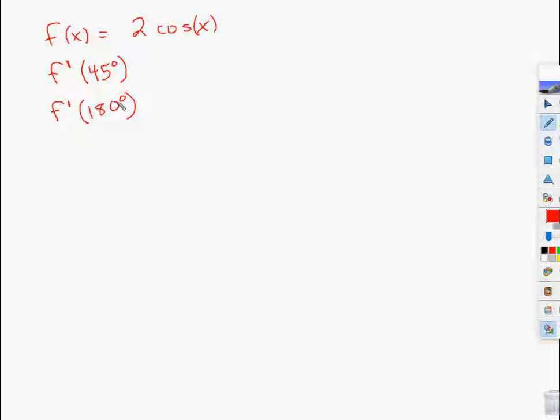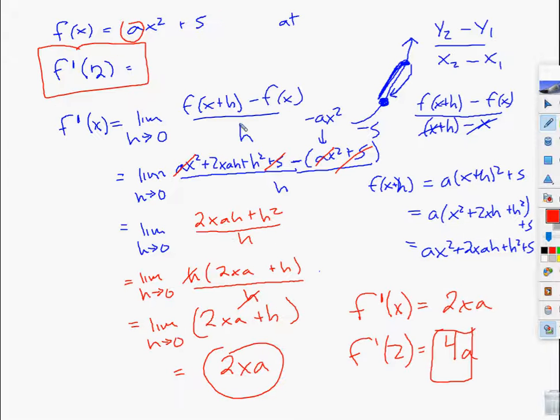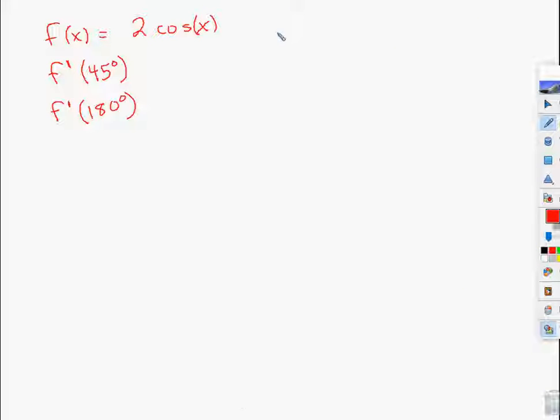Now, the limit way of doing this is not going to work because it will be impossible for me to cancel my h's. So we're going to have to use a different method. And that's where we're going to estimate our derivative by choosing h to be a really, really small value, but not 0.